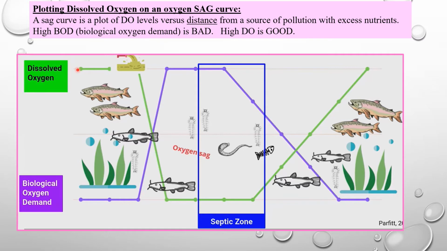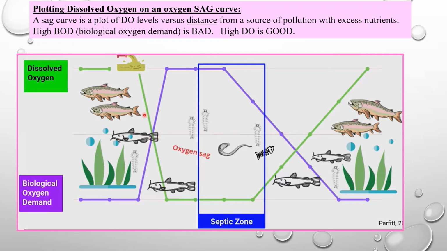So watch our green bar. Our dissolved oxygen levels are fine at first, and then we're increasing in concentration. Everything's building up. Plants are doing very well with all the extra nutrients. The problem is the plants start dying, and when the plants start dying, other organisms like bacteria need to decompose the dead plants.